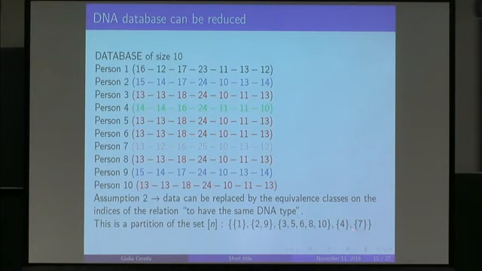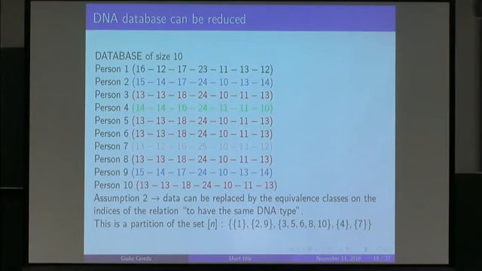How is this made? You see, for instance, 1 is alone. Why is 1 alone? Because the first person has a haplotype that nobody else has. 3, 5, 6, 8, 10 share the same haplotype, so they are in the same class of my partition, and so on. So this is how I reduce my background data, my database. But actually, my data is not only made of the database.